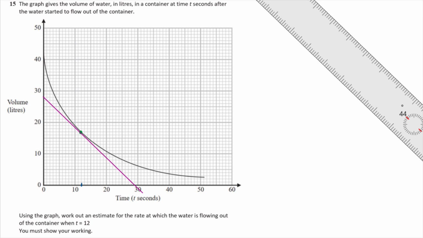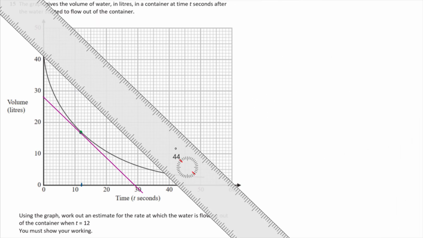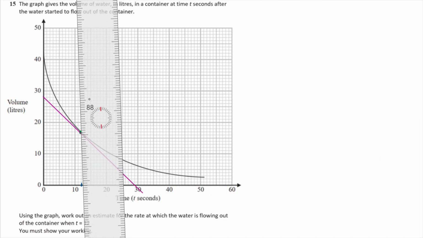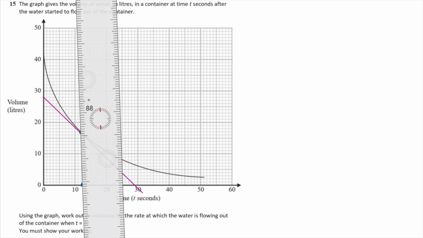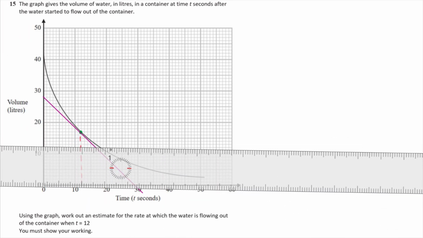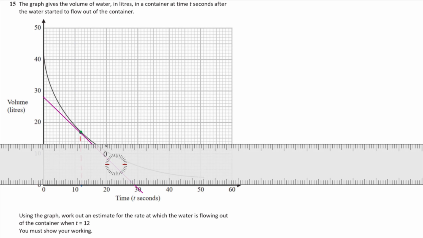Okay, and then what I'm going to do is work out change in y divided by change in x to find the gradient. So change in y is the difference in this direction, divided by the difference in this direction.